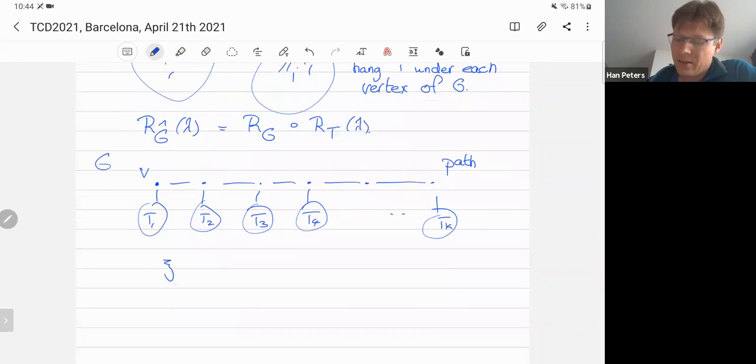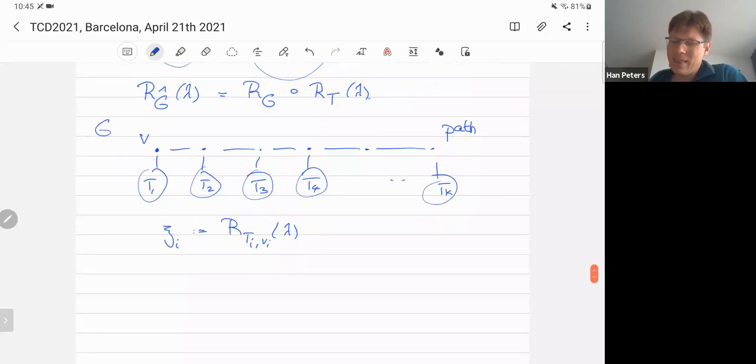Let's write xi_i for the ratio of T_i at v_i of lambda. Probably doesn't matter to you, but let me try to get it correct.